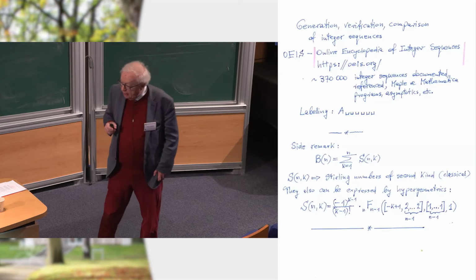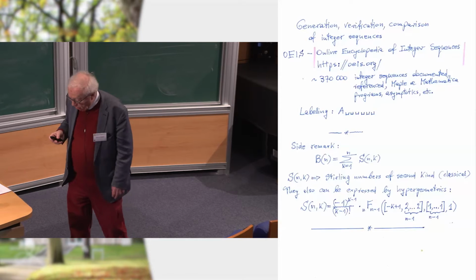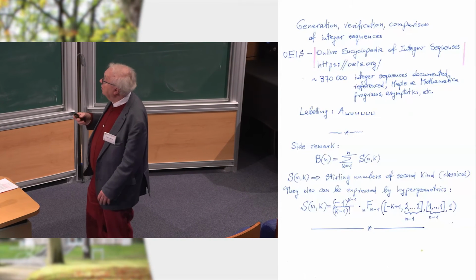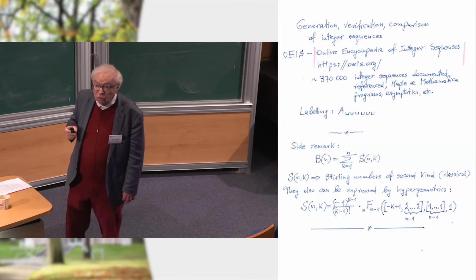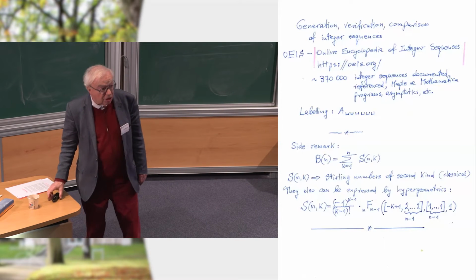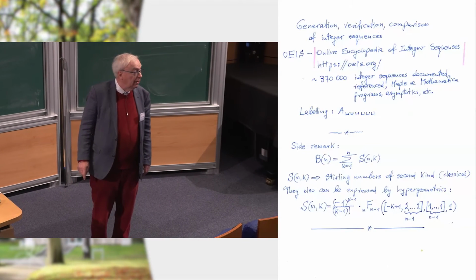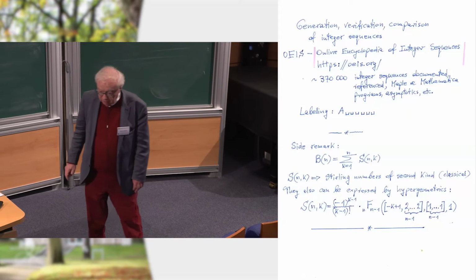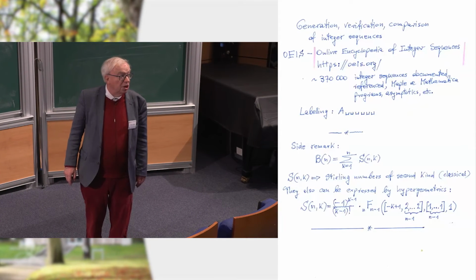And well, first of all, I will make a reference to a fantastic source, which is the Encyclopedia of Integer Sequences, which has been nurtured and invented and taken care of by Neil Sloane about 50 or 60 years ago, and it has grown into a huge data collection of about 400,000 integer sequences.